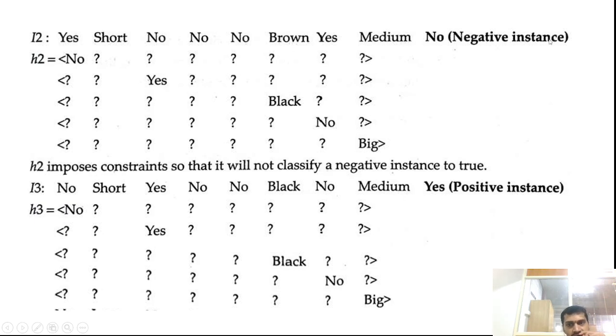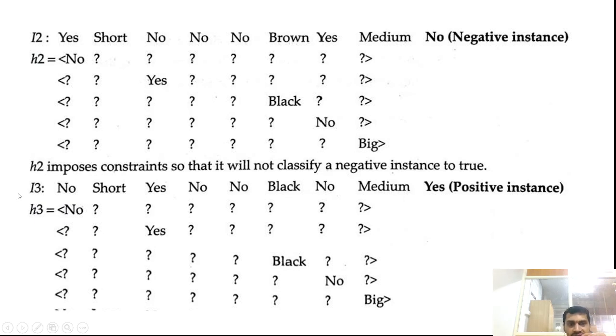Considering all the 5 hypotheses as my second hypothesis, I now impose constraints so that it will not classify the negative instance, because all are different from it. So from general I have made it somewhat specific, right?